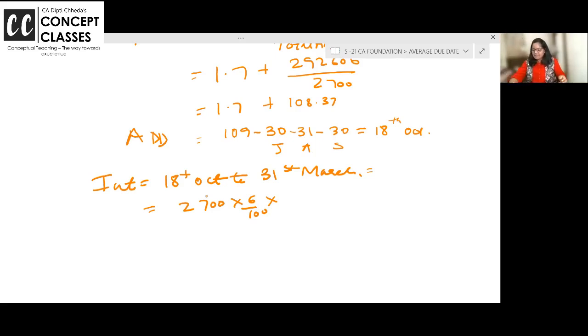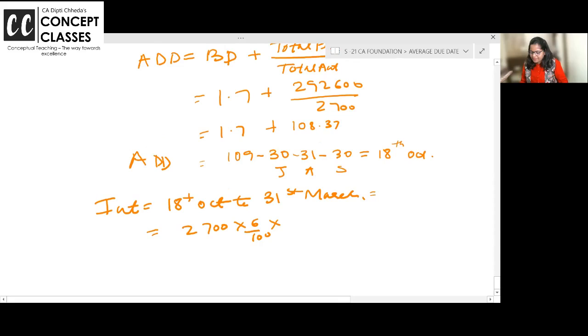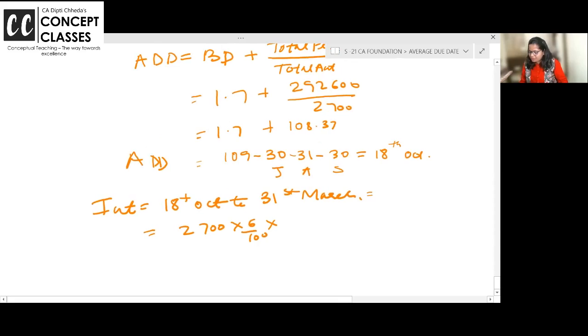Okay. How many days we will take the interest? 18th October. So October ke 19 days, because 31 days are there, and 18th also interest you will add. 19 days of October. November ke 30 days.